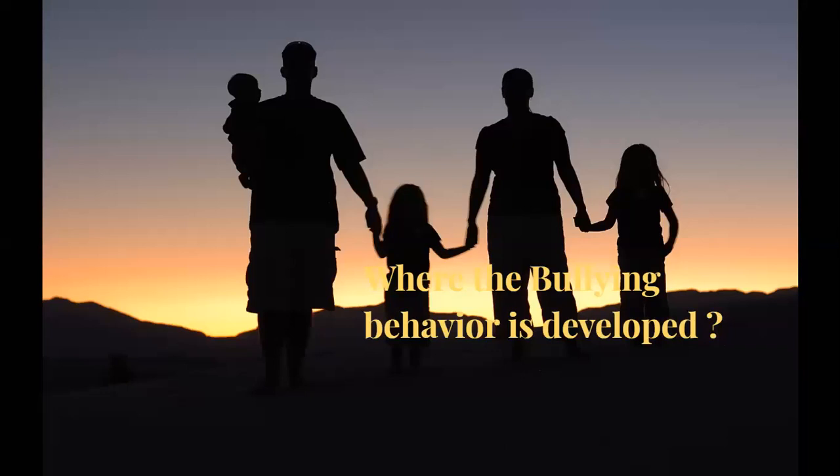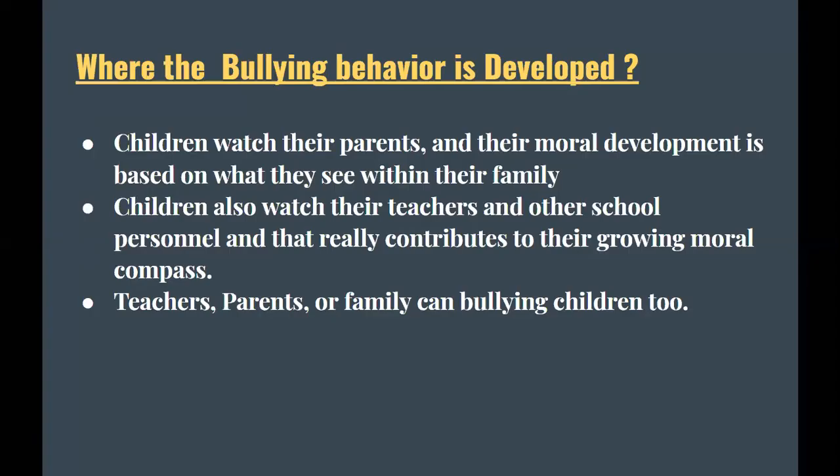So the question we're probably all wondering is, where is this bullying behavior developed? Let me answer your question. Children watch their parents, they watch their teachers, they watch everyone around them. I would say that really does contribute to their growing moral compass, because what they see you do, they also practice in their lives.